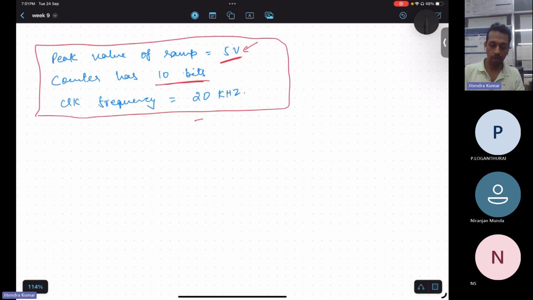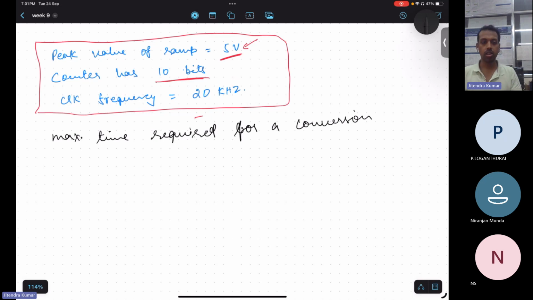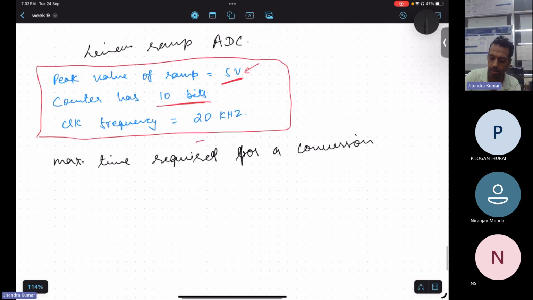We have to find out the maximum time required for a conversion. So how to calculate? Since we know the total time for this type of ADC, which was nothing but, let me remind, the linear ramp ADC, it had 10 bits.